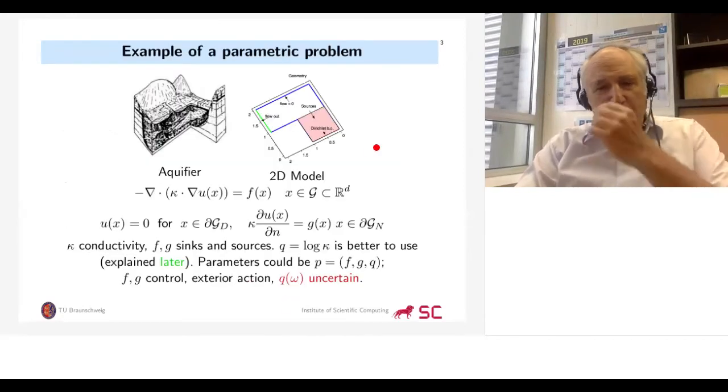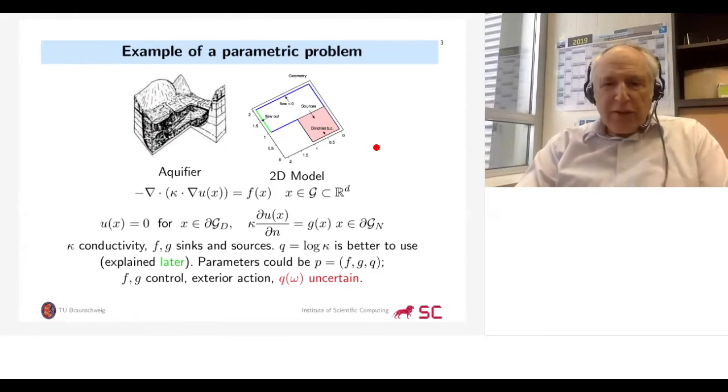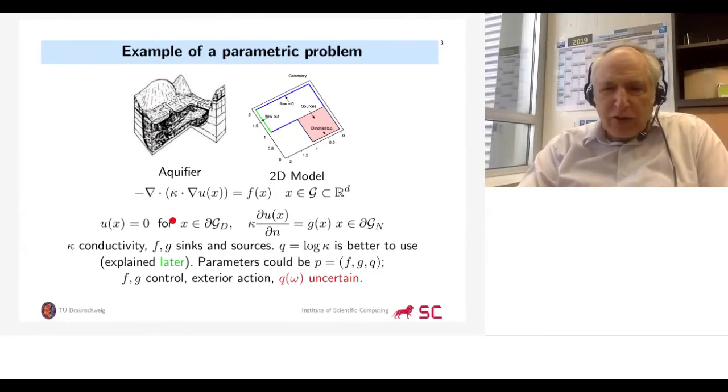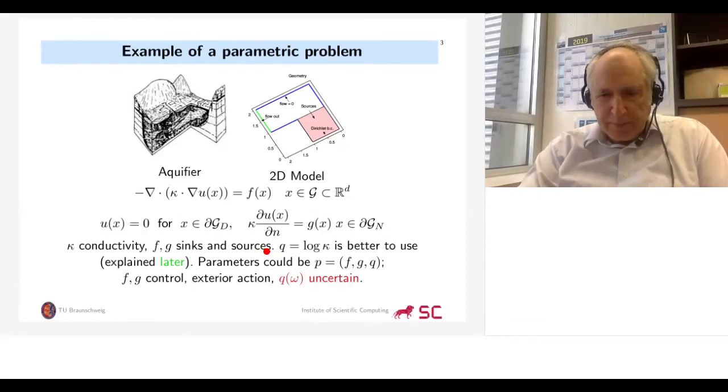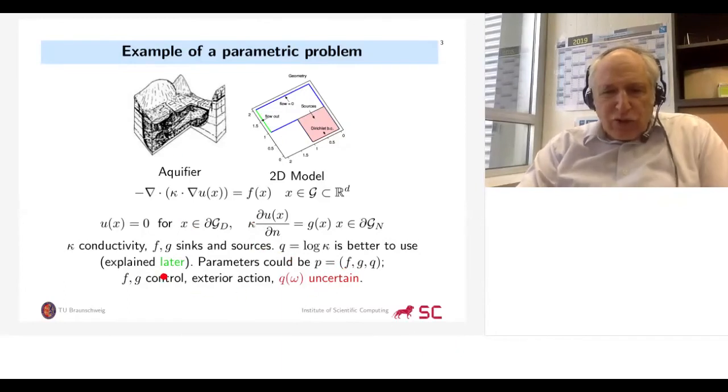Good. So let's go back to our model problem. We're looking at kappa or its logarithm, q, as a parameter in this model, and this parameter was uncertain. There could also be more parameters. F and G could be parameters, but they could be control parameters. You may be able to control the rainfall.